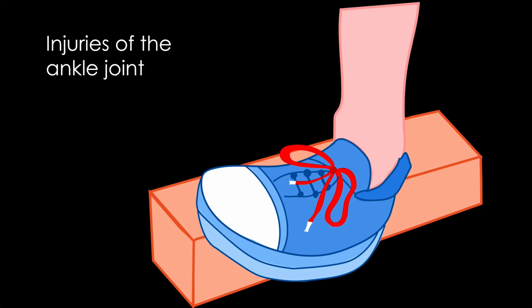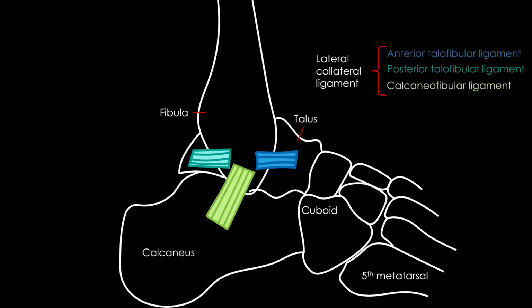There is less engagement, and this is due to the shape of my talus bone. So let's look at the anterior talofibular ligament sprain or tear. It's the most commonly occurring injury.